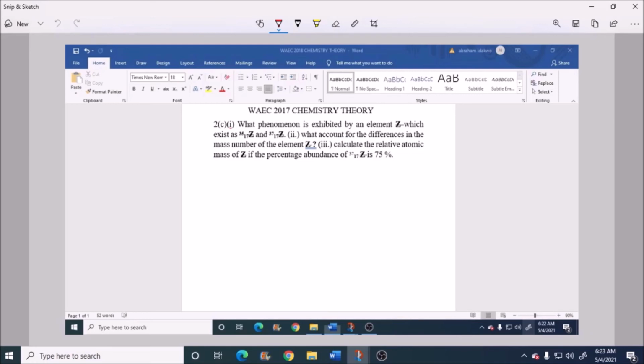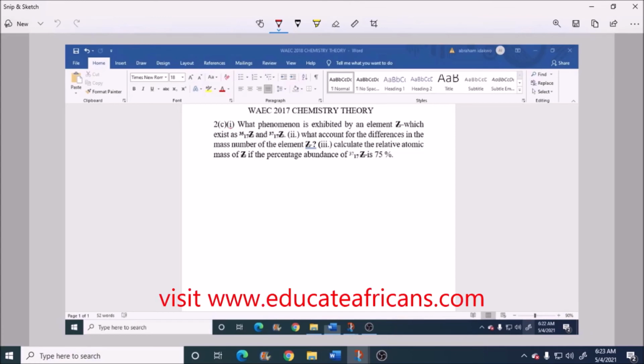What phenomenon is exhibited by an element given as symbol Z, which exists as having mass number 35 and atomic number 17, then another atom of the same element having atomic number 17 and mass number 37? Then Roman figure 2.